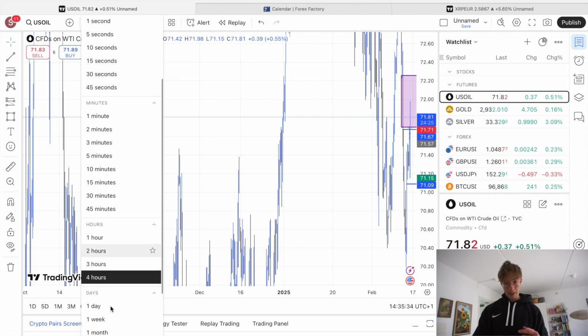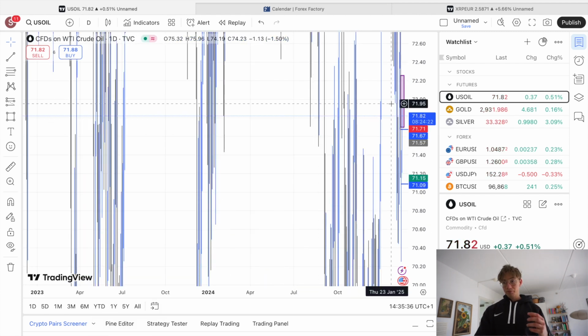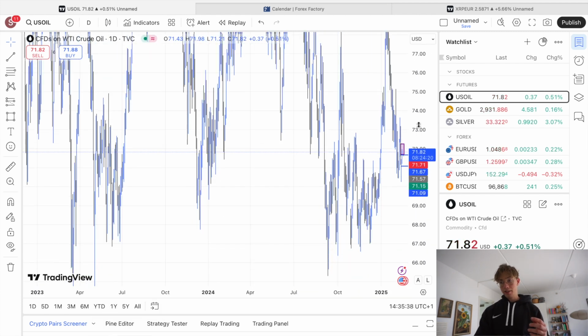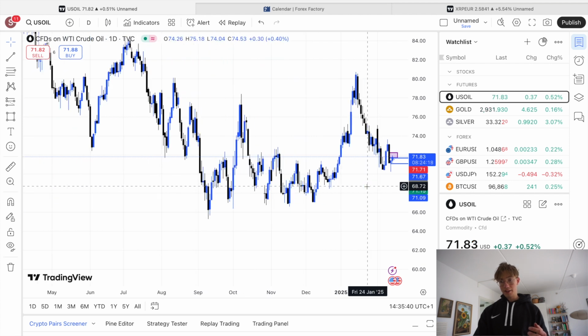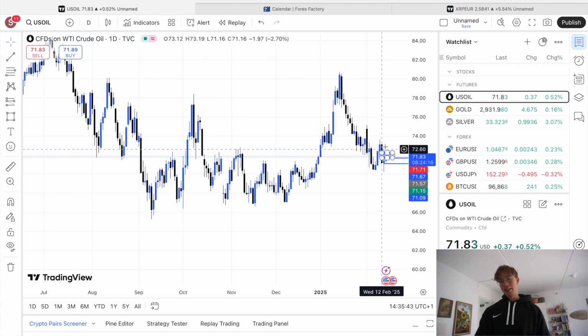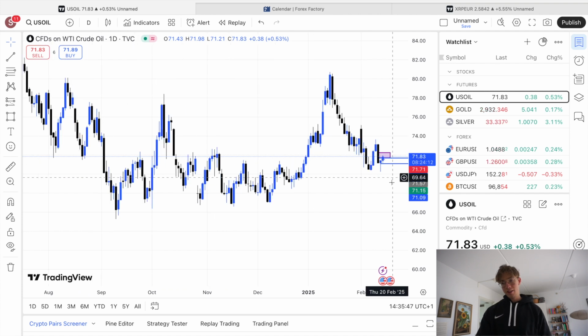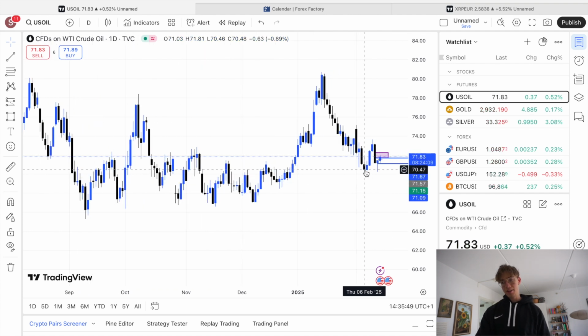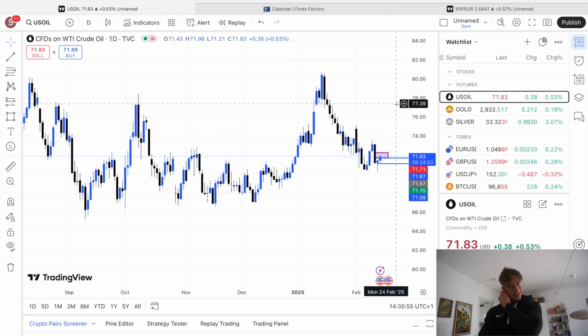Let's go to the daily. Okay, here we go. As you can see on the daily, I guess we broke structure to the upside on the daily. And as you can see, we didn't make a new low. So we're breaking structure to the upside on the daily.